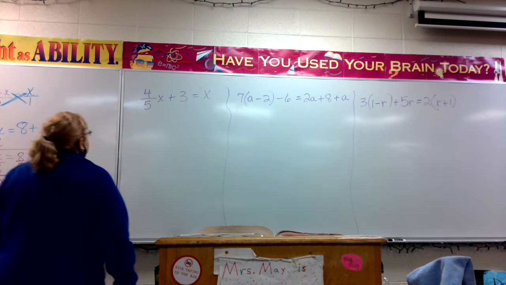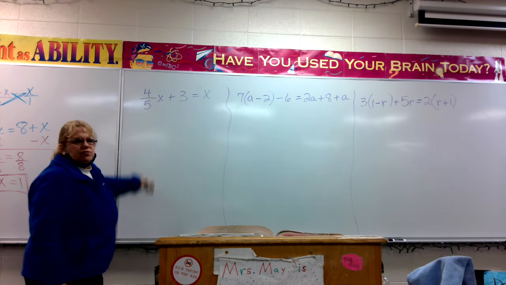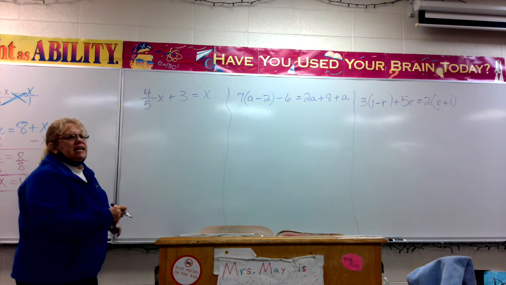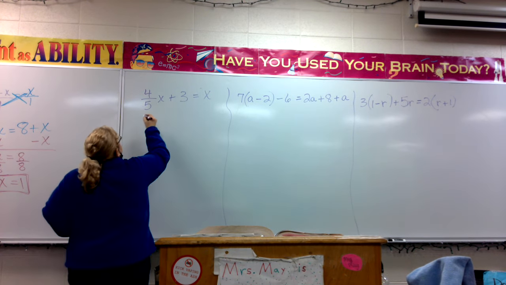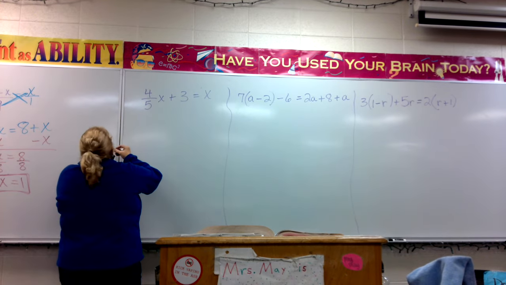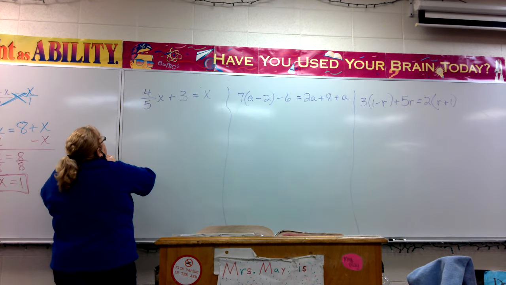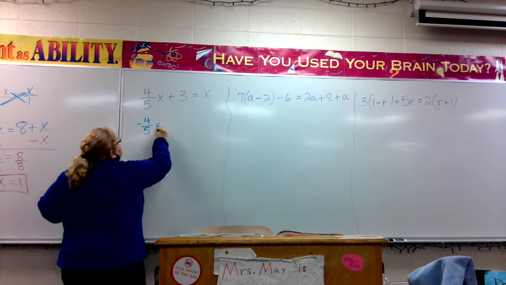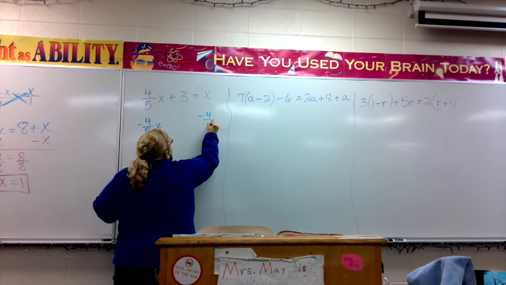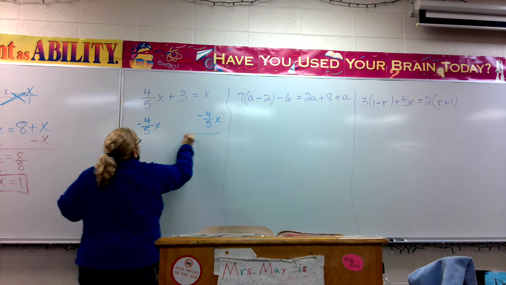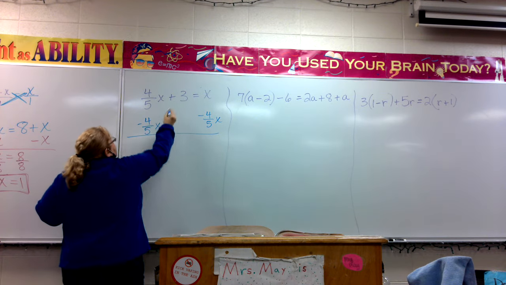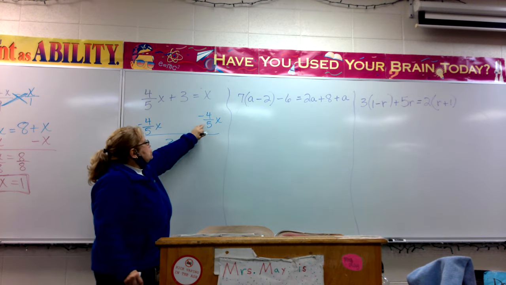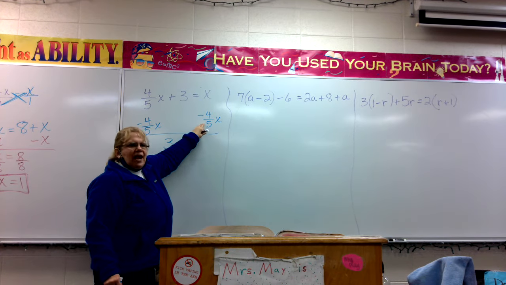Everybody gets their undies in a bundle when they see the fractions right there. You still have to get all the x's together. So, see that one? I would minus 4/5 x. On this side, it cancels and you just have a 3. On the other side, you're subtracting this. It's a fraction.